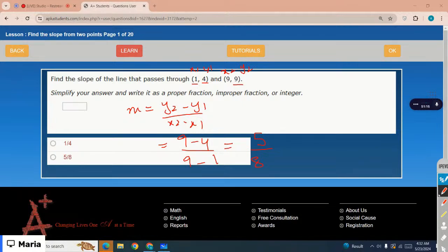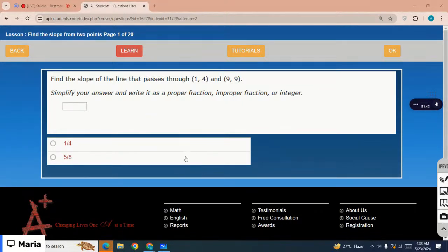Got it, everyone? So the correct option is option number 2, that is 5 over 8.